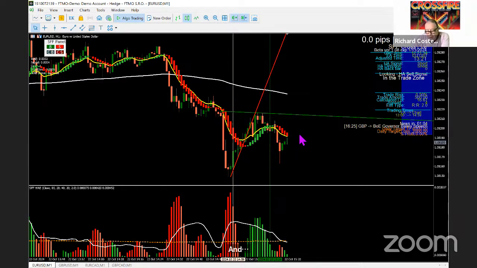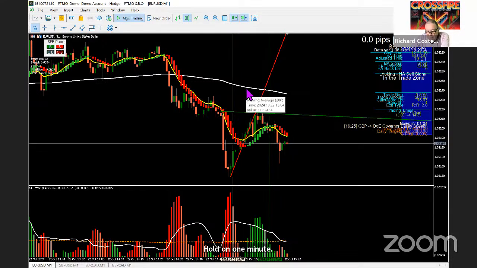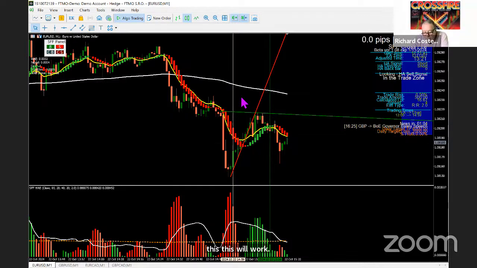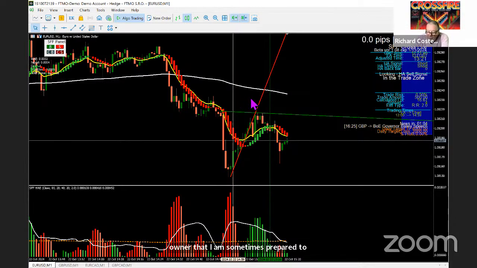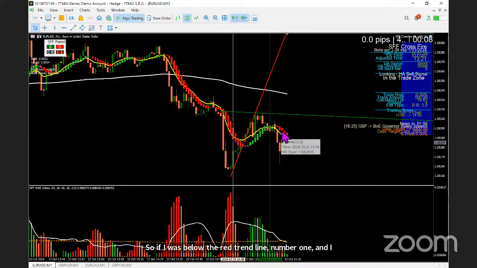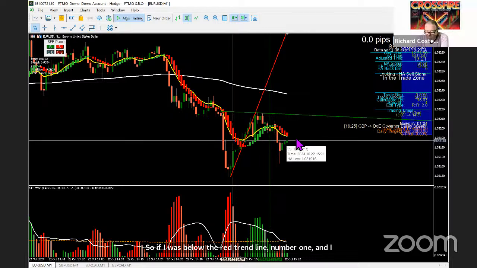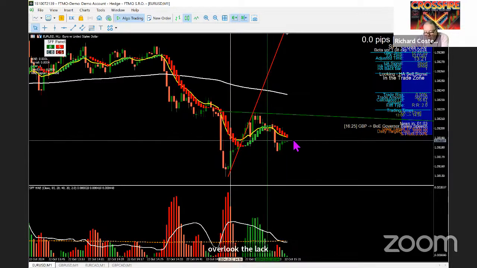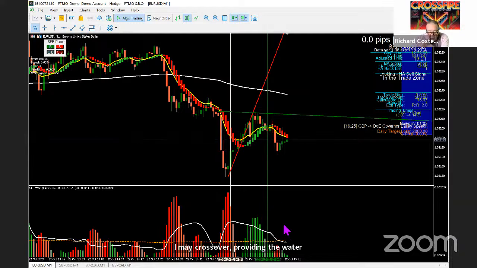This is the one component that I am sometimes prepared to override. So if I was below the red trend line, number one, and I had a recent red wave down, number two, I'm prepared to overlook the lack of a recent MA crossover, providing the Waddah Attar tells me that I should be getting in for a sell.